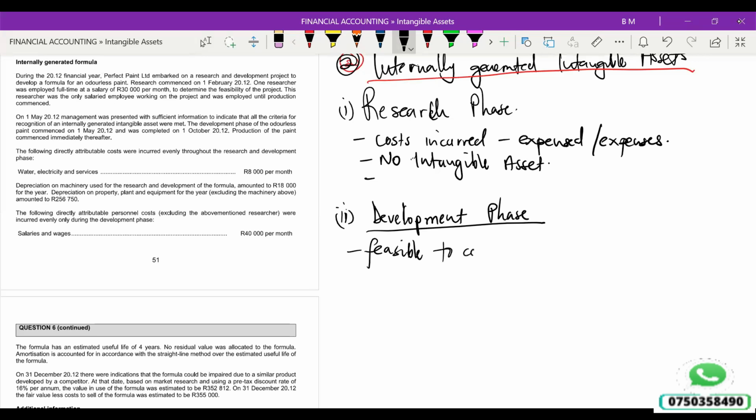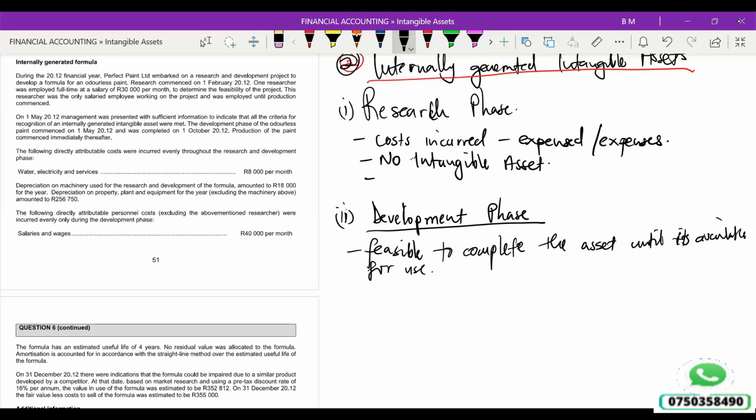to complete the asset until it's available for use.